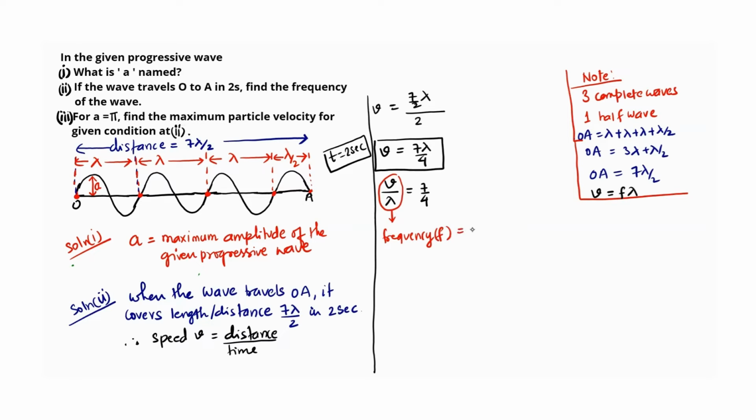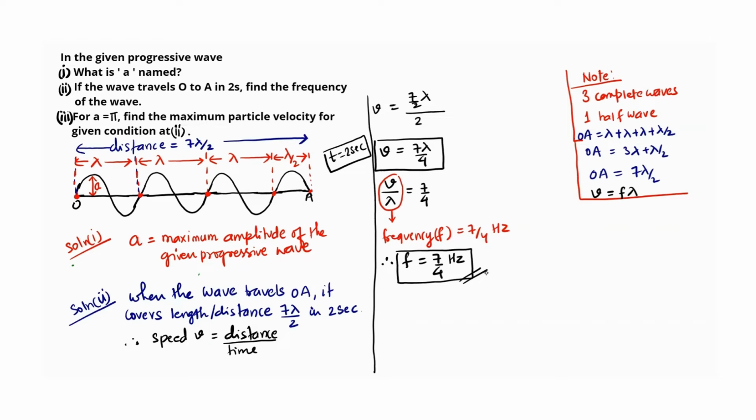So f equals 7 by 4 hertz. Therefore, frequency f equals 7 by 4 hertz. So this is the solution of question 2.